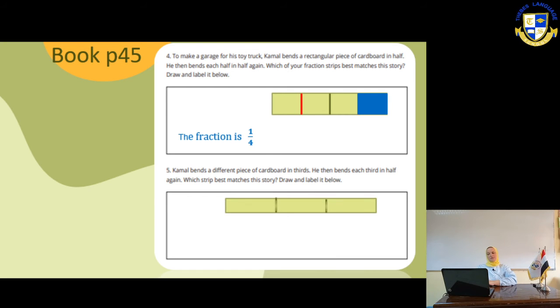He then bends each third in half again. Which strip best matches this story? Draw and label it below. We are going to draw a fraction strip and cut it into 3 equal parts. Then we are going to cut each part from the 3 into 2 parts. Okay, so it will be 6.